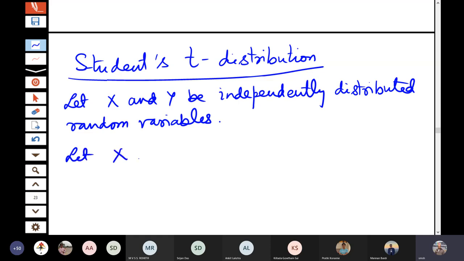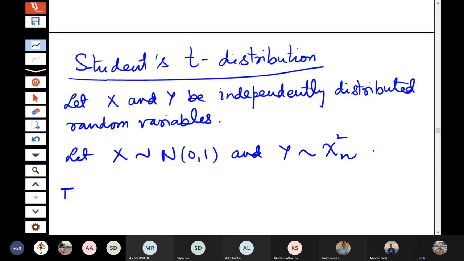Let x follow normal 0, 1 and y follow chi square n. Then t is defined as x divided by square root of y by n.